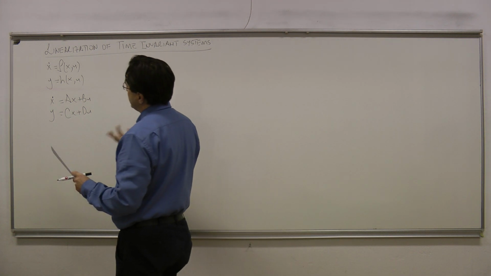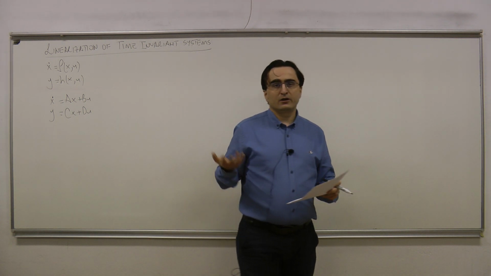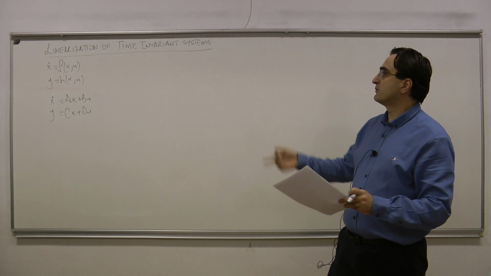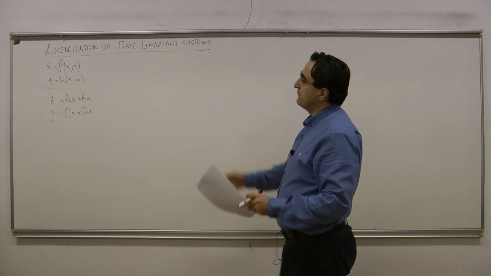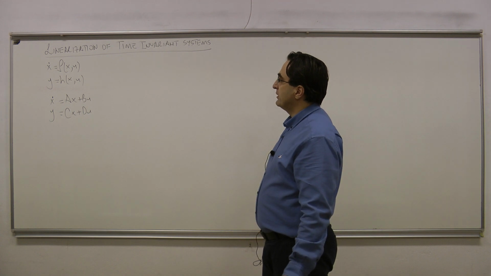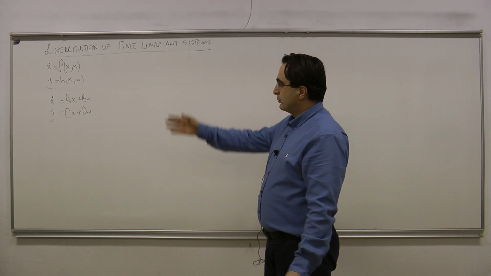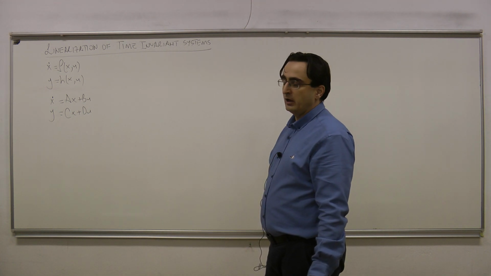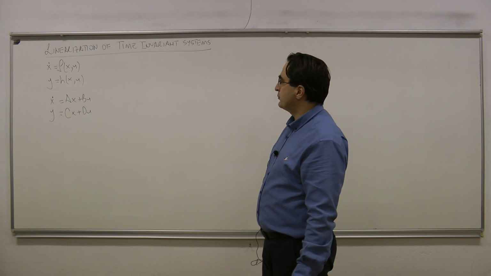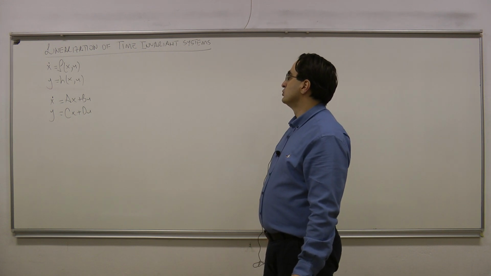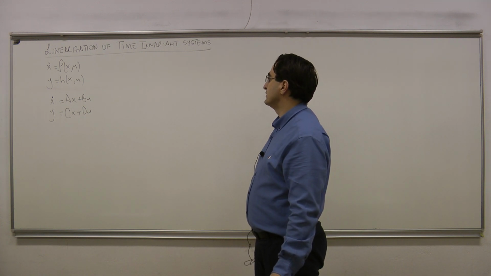So here the first thing that I'm going to choose is an equilibrium point of such a system. We have seen that we can find equilibrium points of time-invariant systems by first converting this system into the autonomous system form and then applying the equilibrium point theory for autonomous systems.